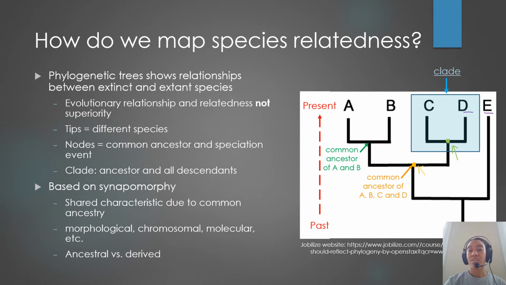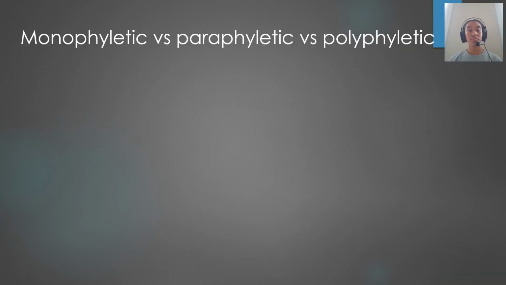So C and D have hair, so hair is a synapomorphy of the clade that includes C and D, whereas the clade that includes A, B, C, and D and all of its ancestors, so like this clade, the synapomorphy of that clade would be having a spinal cord, right? So it's the common trait, common characteristic that is derived from an ancestor. So all the descendants have that trait.